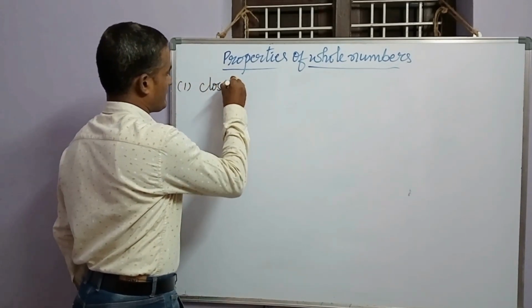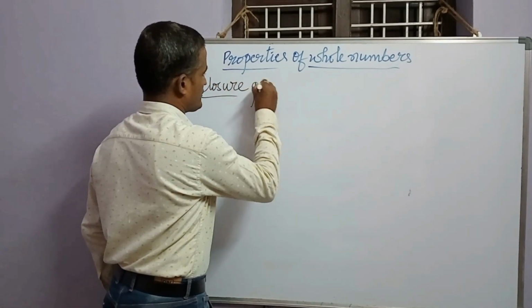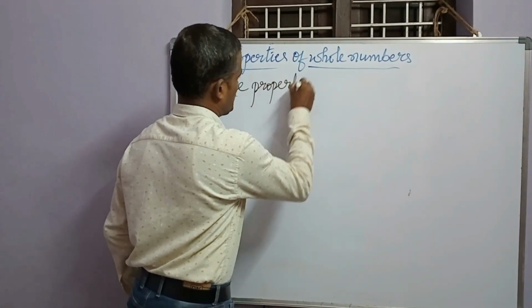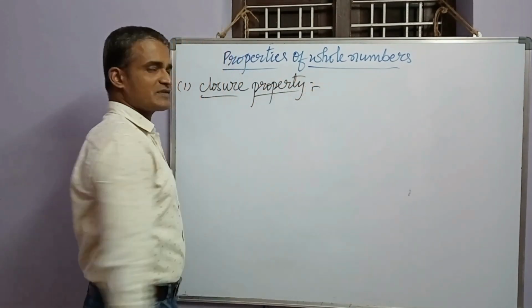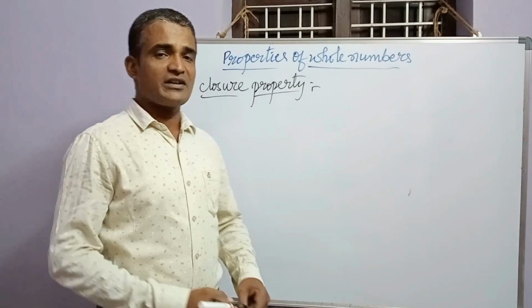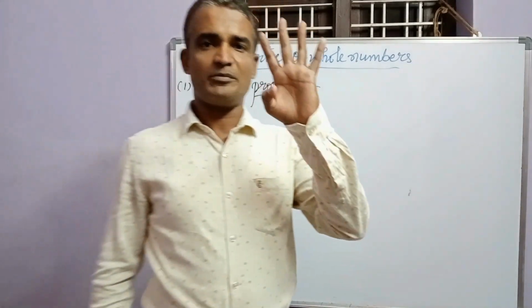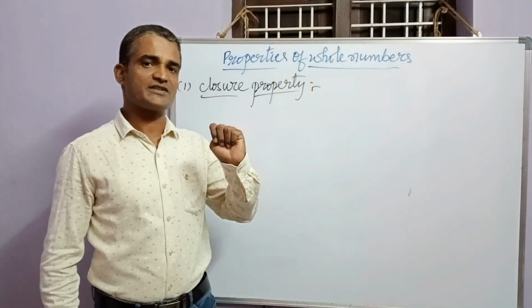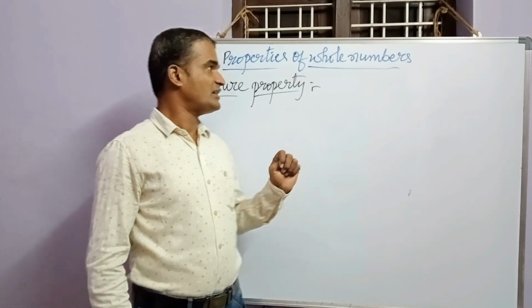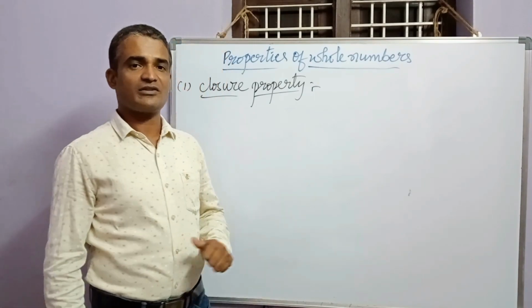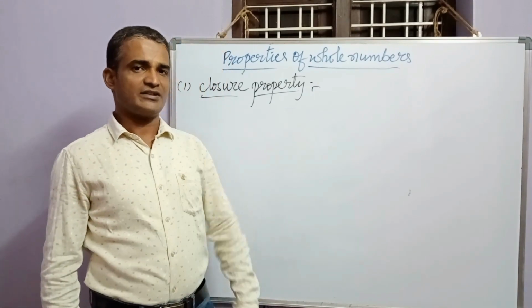Closure property. Every property we will check under 4 operations. First we'll check the closure property under addition.